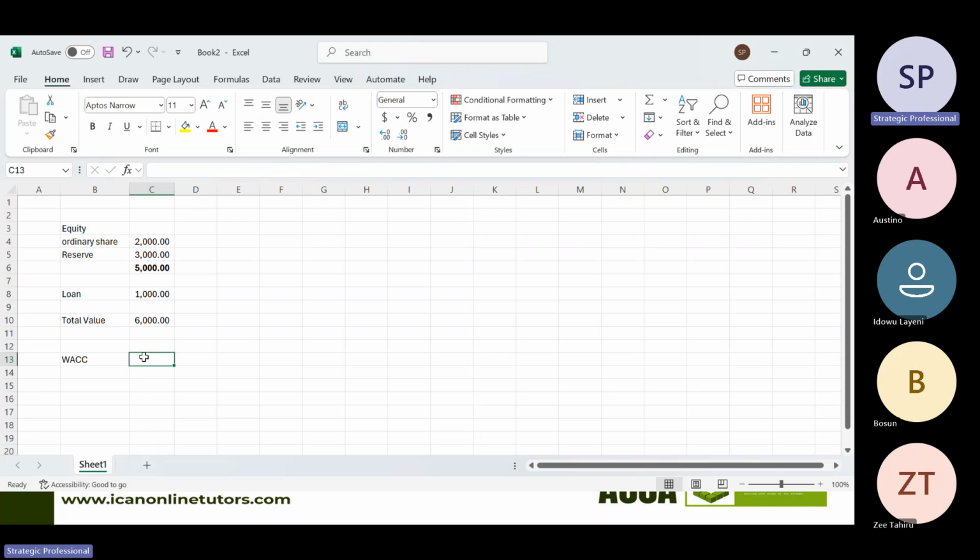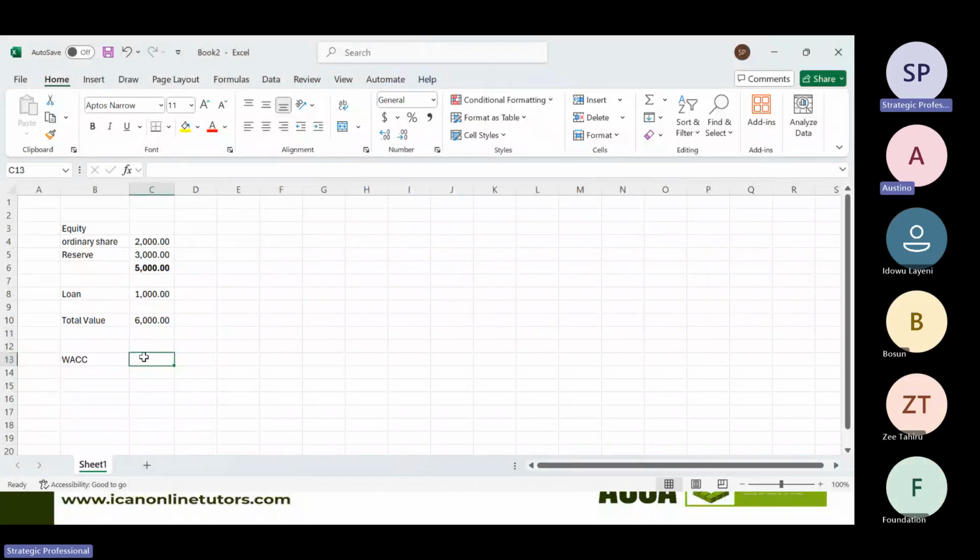So how do we calculate our WACC? Like we said, you're combining the weighted average of everything, whether equity or debt, to get a single cost of capital, which is called WACC, the weighted average cost of capital.